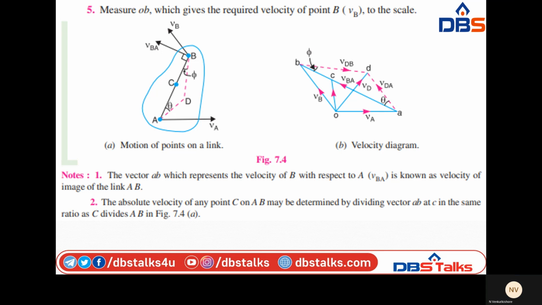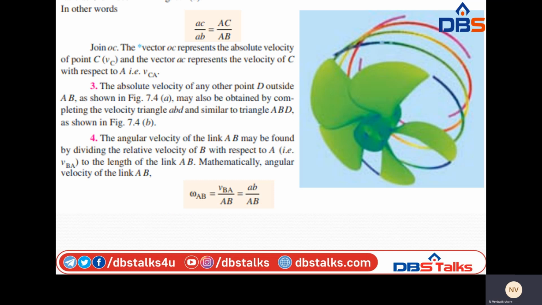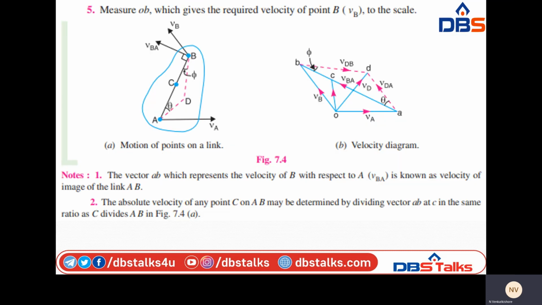In other words, the relation we are creating is ac by ab equals AC by AB. So the ratio we have mentioned in the motion diagram, that is in figure A, C to A and C to B, the same ratio we need to maintain in the velocity diagram also.